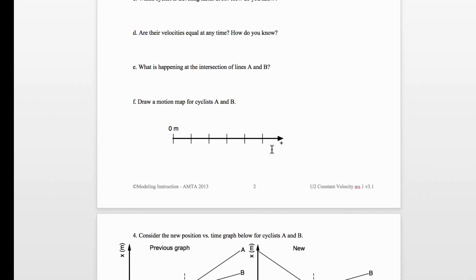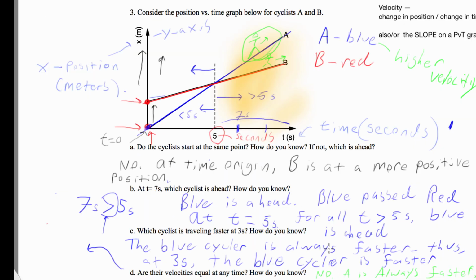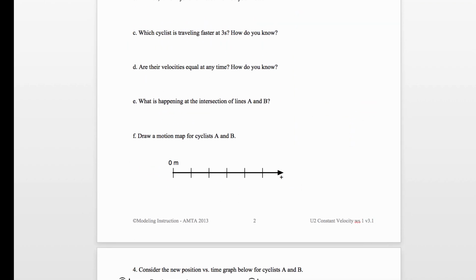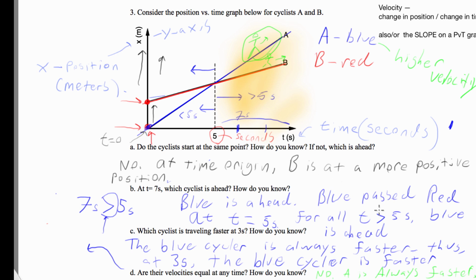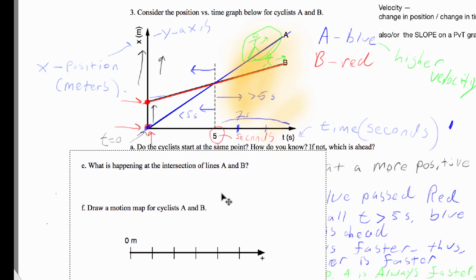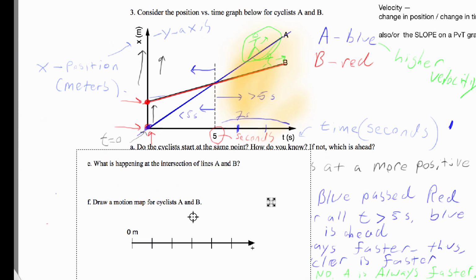Oh, we've got a few more parts. I'm going to do this, and let me just go back and check. Let's see. What do I want to do? I want to paste this here, and that's fine.